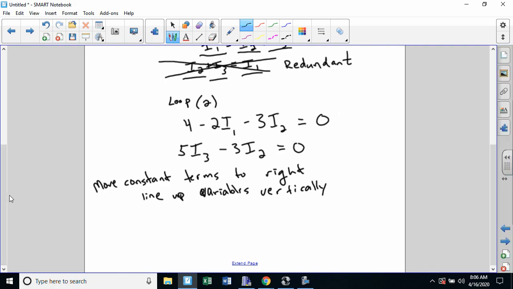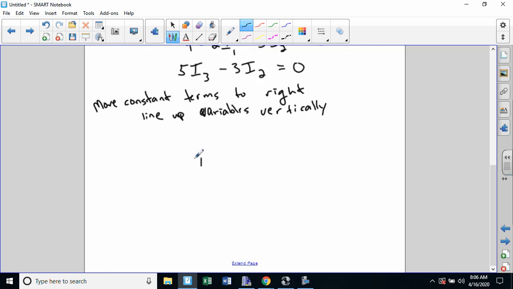So in the 3 equations that I have, one is I1 is equal to I2 plus I3. The only constant term there is going to be a 0. If I move I2 and I3 to the left, then I have a 0 on the right.